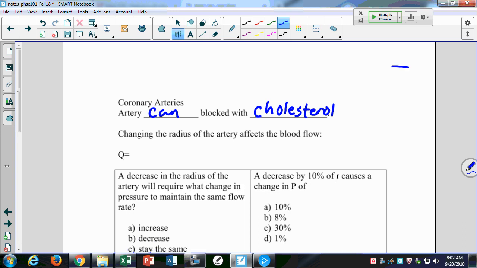If I have an artery and it's partially blocked like this with some material, the velocity here is small, but the velocity here is big. It goes a lot faster when it goes through that. Now, changing the radius also affects the blood flow.